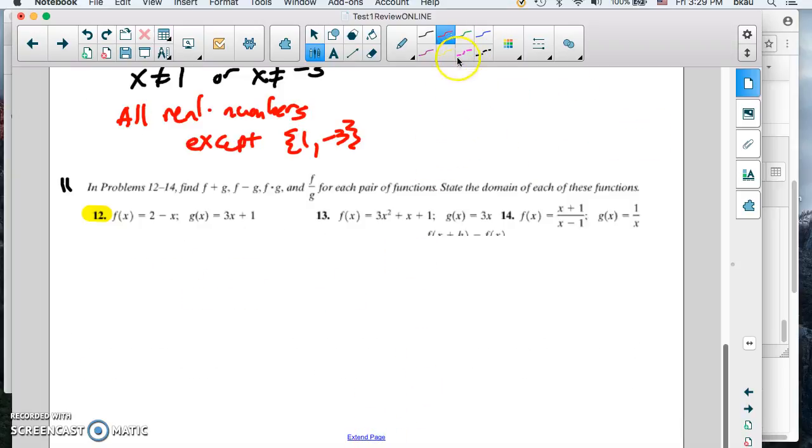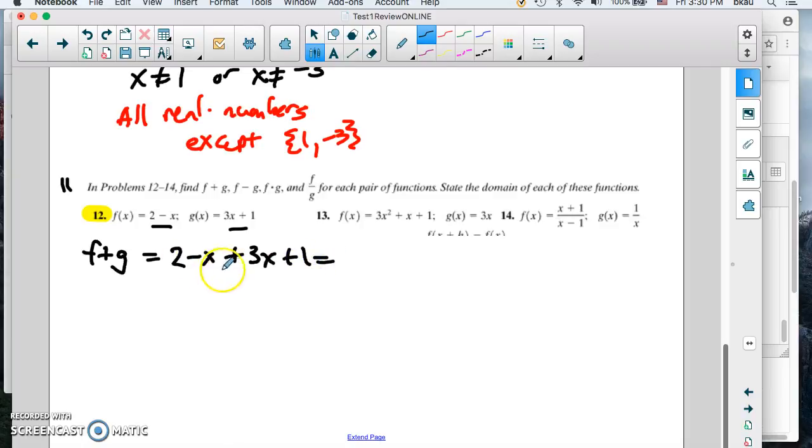It asks you to give the combination of functions and asks you to state the domain. Now we only asked you to do number 12 here on the review. So the first combination function is f plus g. All you're really doing is adding these two things together. So you're just taking 2 minus x plus 3x plus 1.